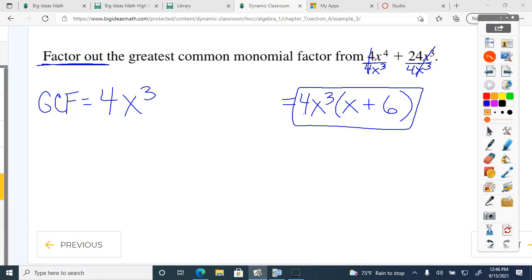X is a factor of this 3 times. I'm letting you in on a little secret: however many are here, that's usually how many factors you have. So we've got 1 factor, 2, 3, 4 factors, because there's 3 x's and 1 x plus 6.